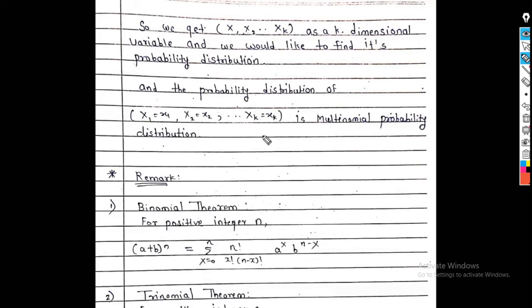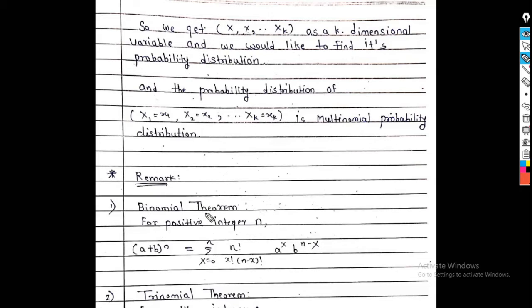So in general, we can say that whenever the experiment or trial has more outcomes, we can use the multinomial probability distribution in that situation.